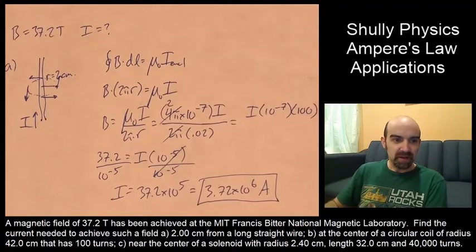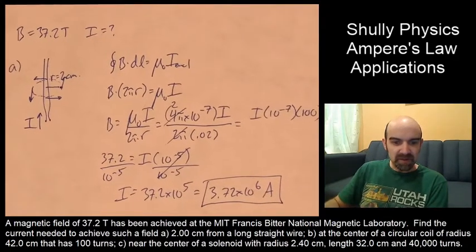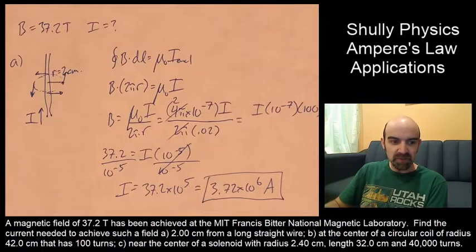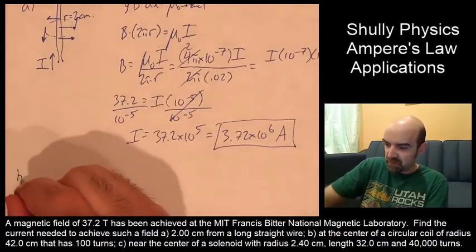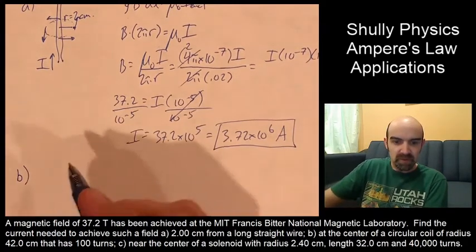That's the letter A. Letter B. At the center of a circular coil of radius 42 centimeters that has 100 turns. So here, all right, let's take that circular coil.